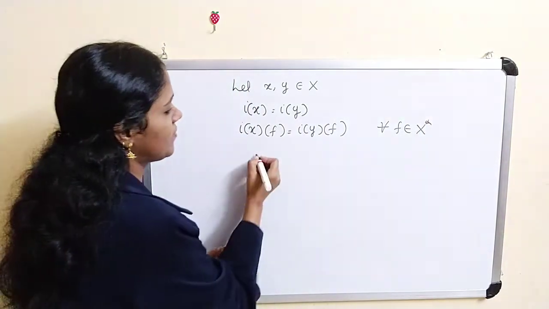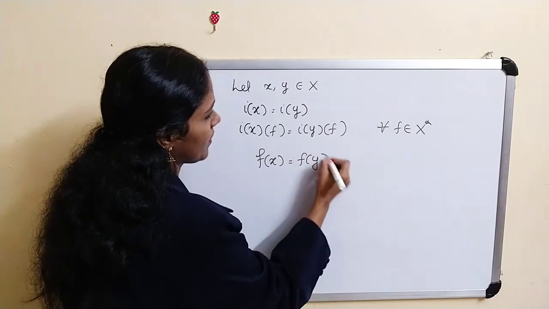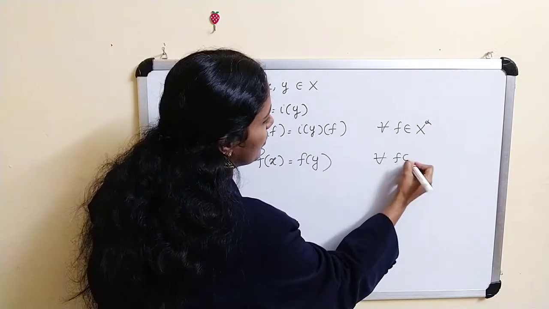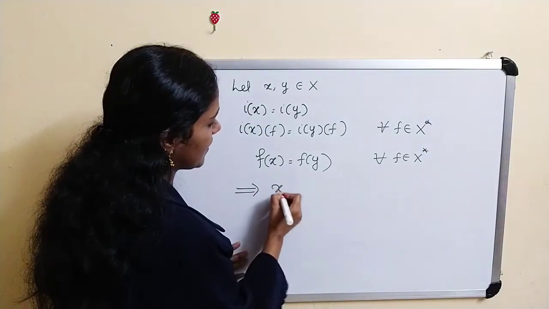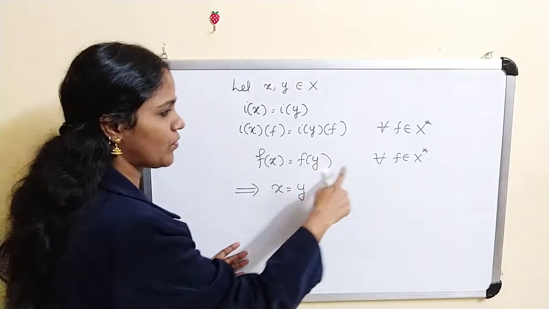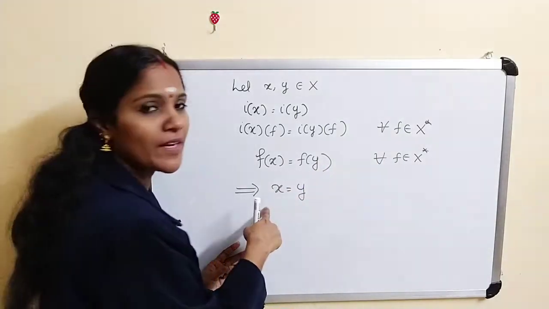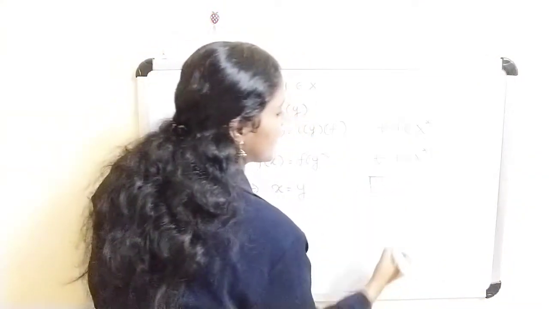Okay, and this implies f of x equal to f of y for every f belongs to x star. This implies x equal to y. Now f of x equal to f of y for every f belongs to x star implies x equal to y. We have a result.